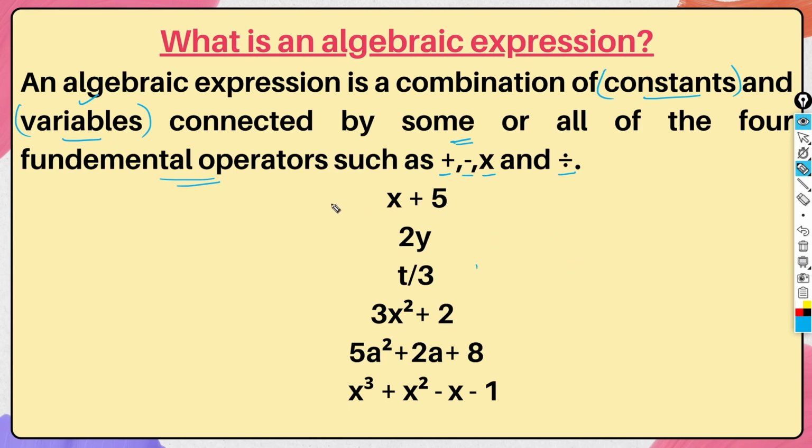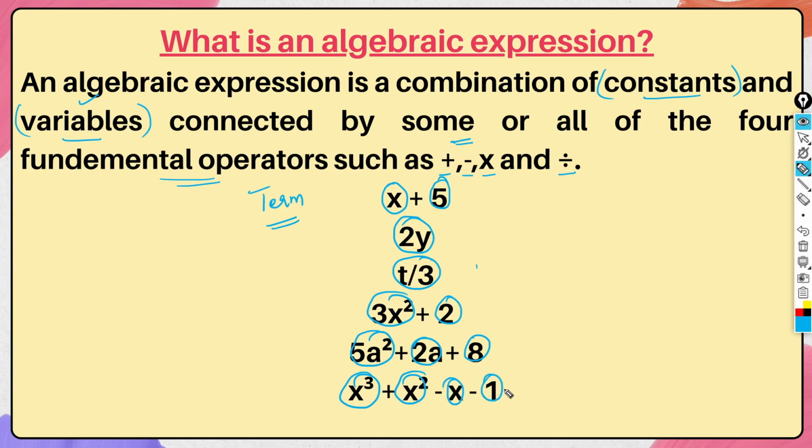Now we'll see different types of algebraic expressions. Before that, we see what is meant by the term. See, here x is a term, here 5 is a term, here 2y is a term, here t by 3 is a term, 3x square is a term, 2 is a term, 5a square is a term, 2a is a term, 8 is a term, x cube is a term, x square is a term, x is a term, here 1 is a term.